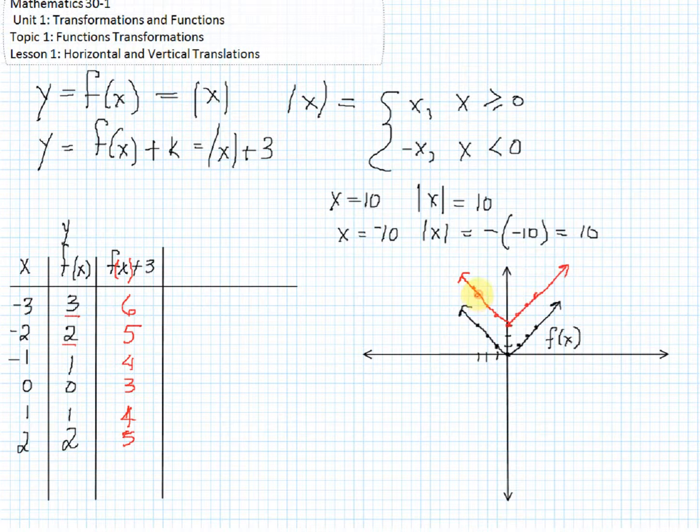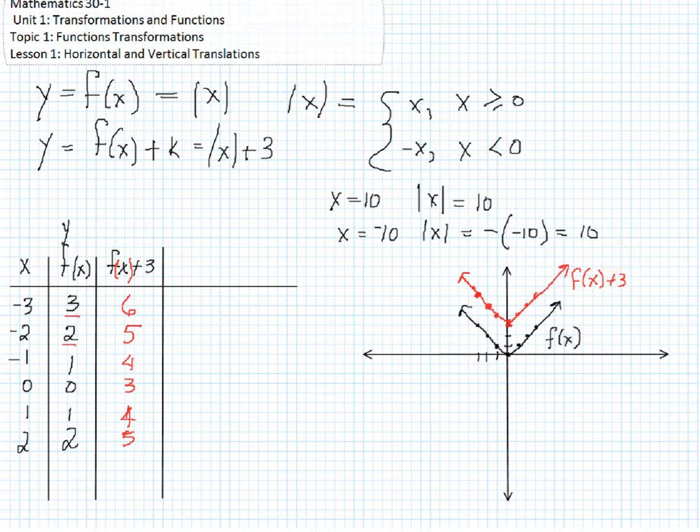And the -2 and the 5, the -1 and the 4, 0 and 3, and so on. But this is f of x plus 3. So we can see that we've got what we call a vertical translation of 3 units. If we take our function and add 3 to it, it shifts up 3.